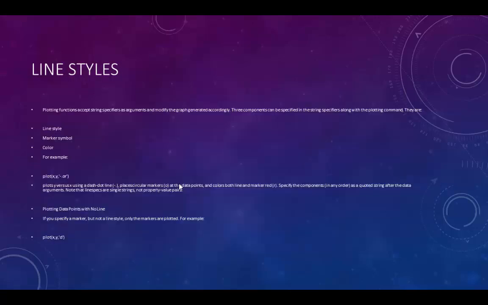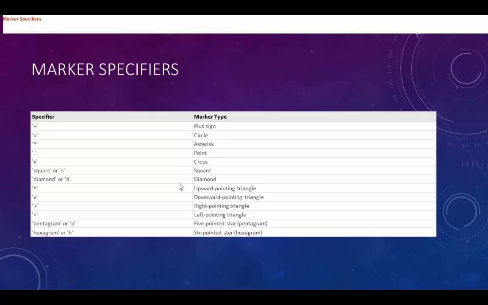The next is our line type, and I've got a similar slide for that that goes over the various options. I don't have batteries for my little laser pointer here, but as we look at this, if we want a plus symbol, we just use the plus symbol. If we want the circle, that's the little degree symbol. Asterisk, point, dots, x's.